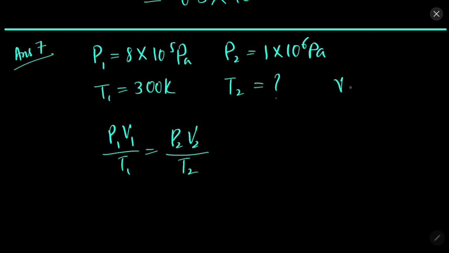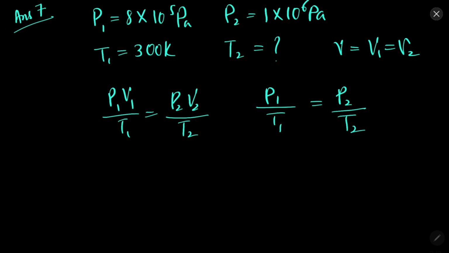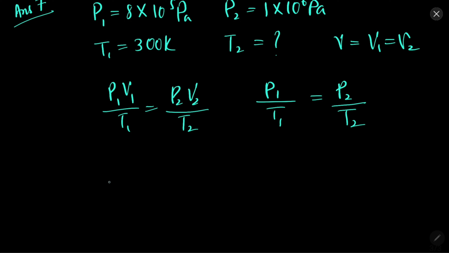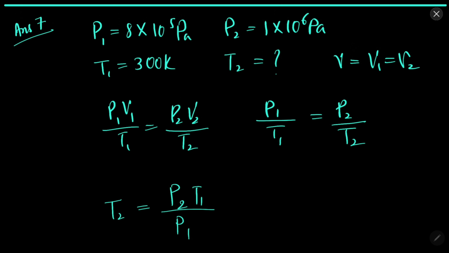The volumes are the same, so it can be P1 over T1 equal to P2 over T2. So ultimately we will have T2 equal to P2 into T1 over P1.